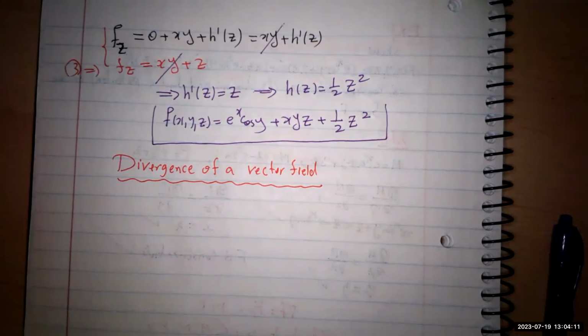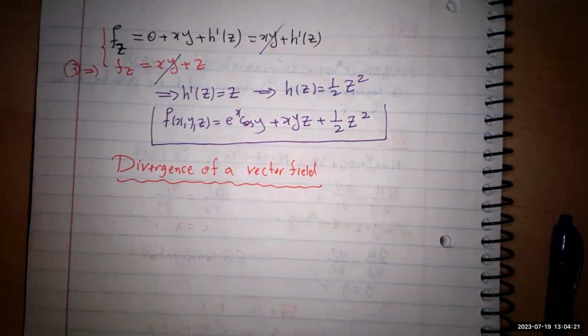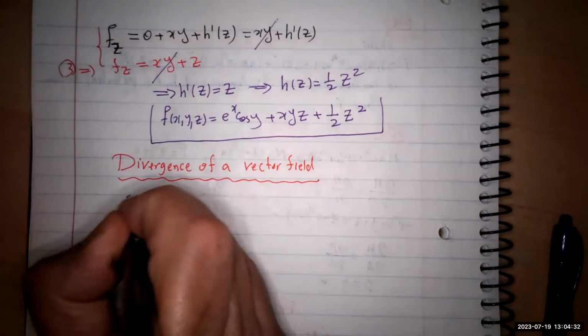What is this one and why do we like it? Remember, so far whatever we did, the result was a vector. Now there is going to be a quantity that is a scalar, and it would mean something and it's going to be used. That's the divergence of a vector field. Now how are we going to define it? Remember the curl.